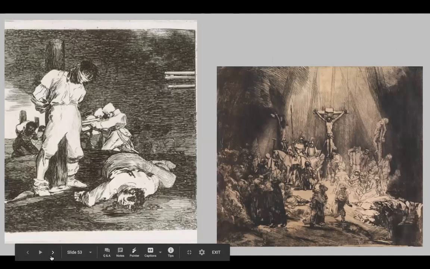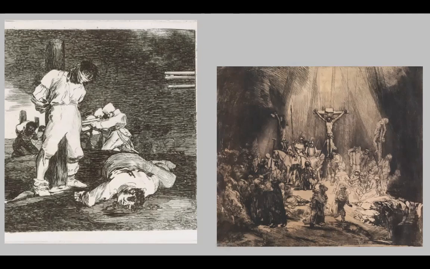And so notice how instead of being on a crucifix, he's tied to a post, and he's displayed in a very heroic sort of way, that he's sacrificing himself for the cause. He's sacrificing himself for his patriotism to Spain. Does that make sense? Okay.